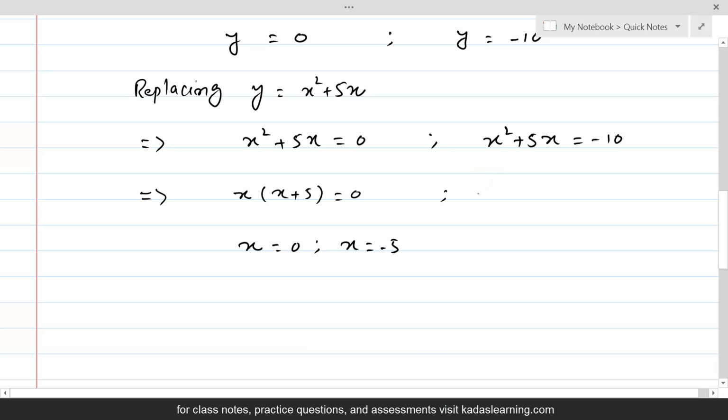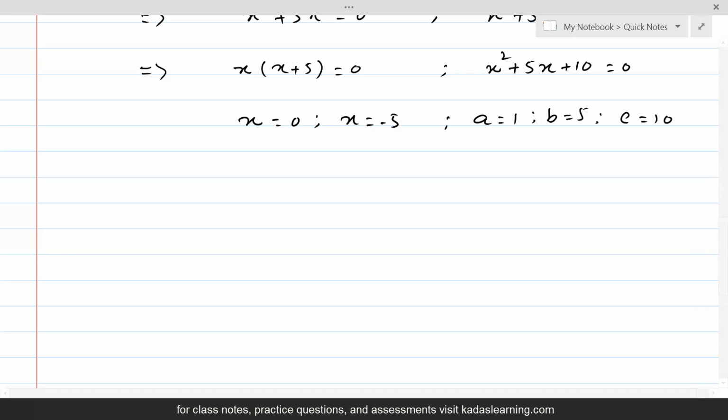And on this side we are going to apply the quadratic formula, but before that we will standardize this: x squared plus 5x plus 10 equal to 0. Here a equal to 1, b equal to 5, and c equal to 10.